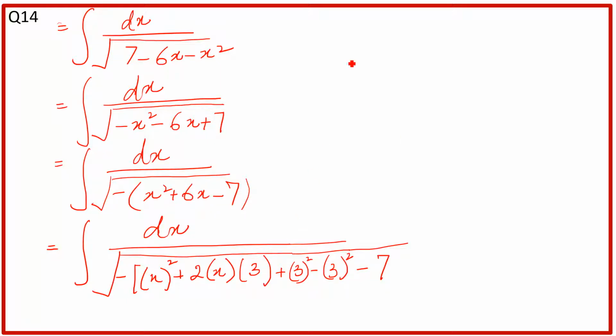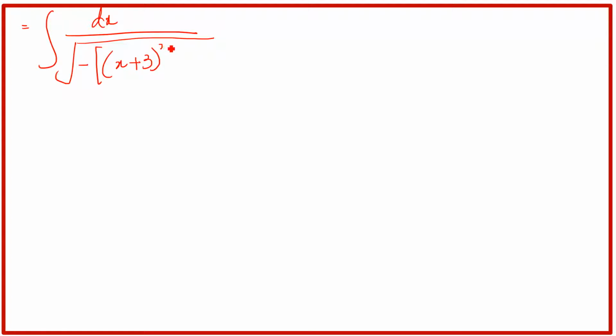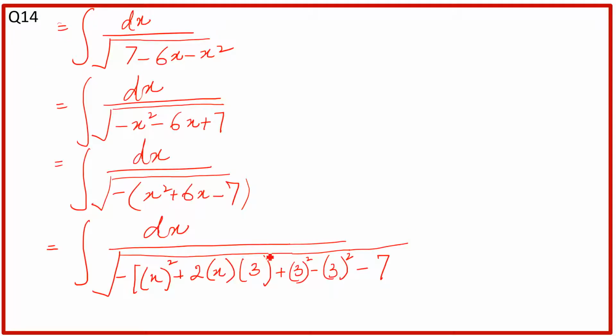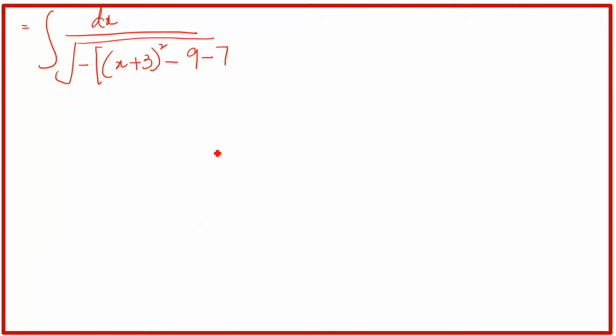And then it will be the perfect square: dx, and still we have the under root sign with the negative as common, x plus 3 whole square minus 9 minus 7. From where minus 9 and 7? Starting from x till here, x plus 3 whole square, and this is 3 multiplied by 3, which is equal to negative 9, negative 7. That is why I have put here one more step.